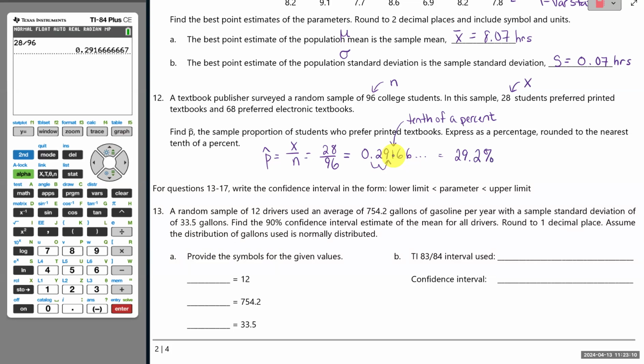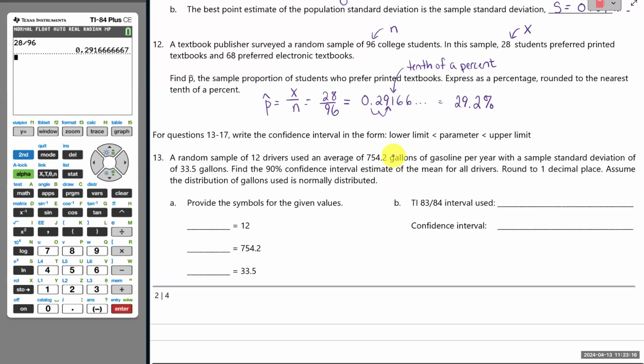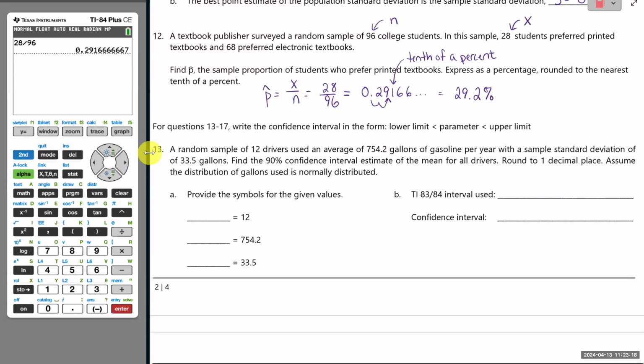All right, one more on this page, number 13. Okay, so we have a random sample of 12 drivers that used an average of 754.2 gallons of gasoline per year with a sample standard deviation of 33.5 gallons.